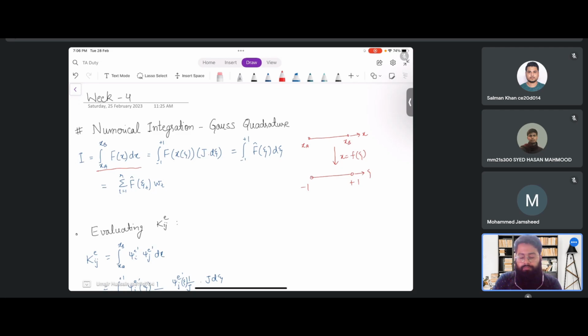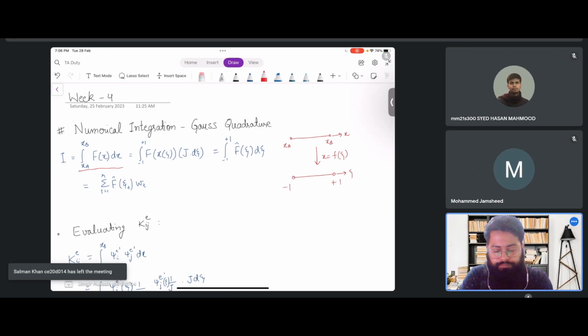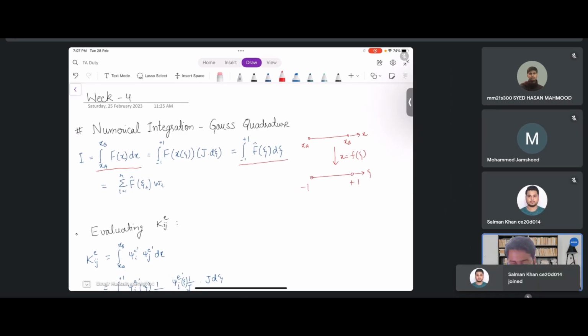We did this because the Gauss quadrature method is defined between these ranges, that is -1 to +1. So once we get our integral in this form, integration from -1 to +1 of some function, there's a formula given where we find the functional value at certain points, known as the quadrature points, and multiply by the respective weights of those quadrature points.